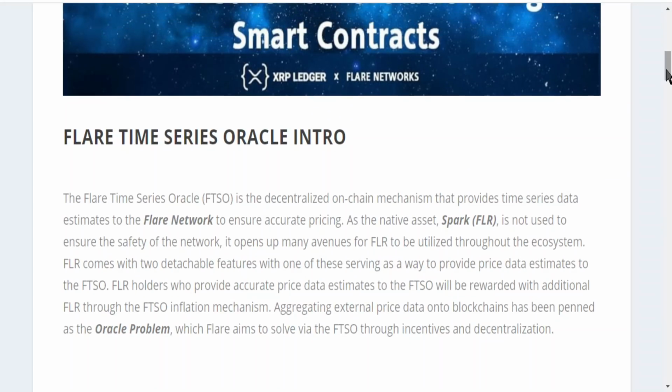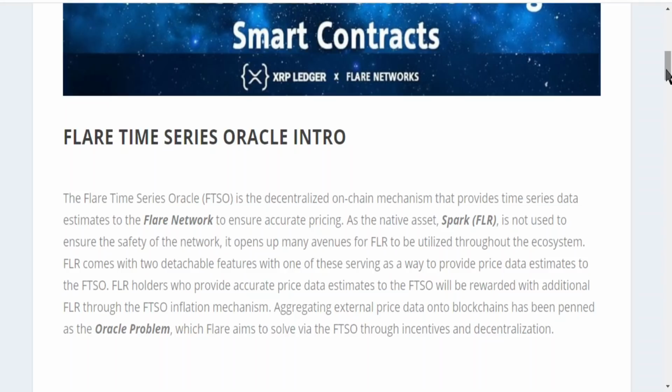So the Flare Time Series Oracle is the decentralized on-chain mechanism that provides time series data estimates to the Flare network to ensure accurate pricing. Now, this is very important to the FAsset protocol.